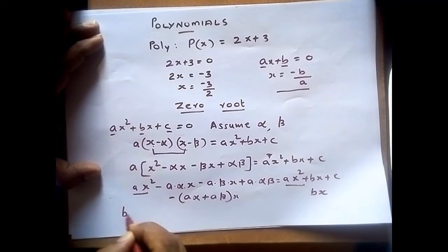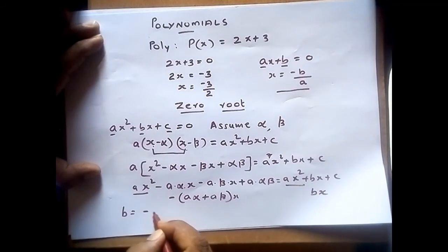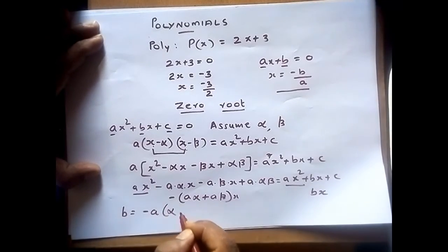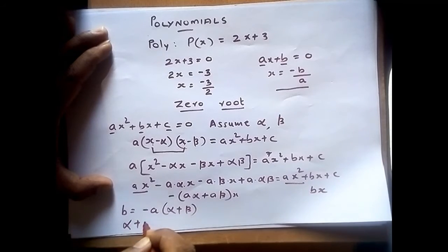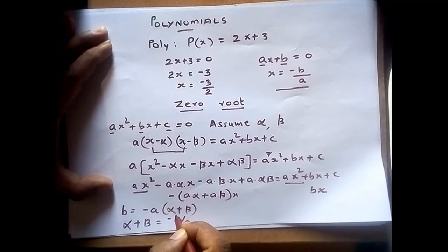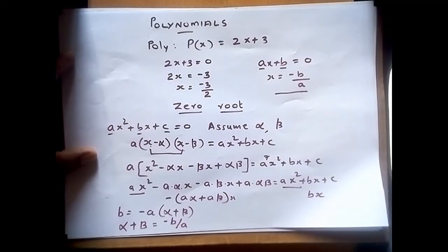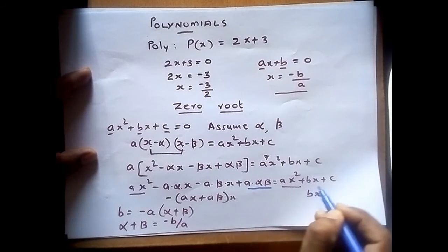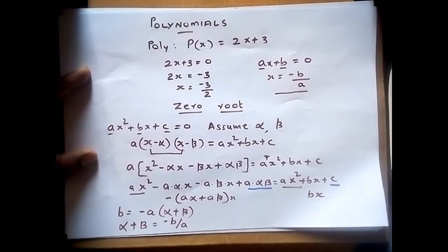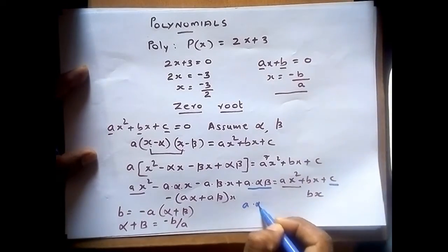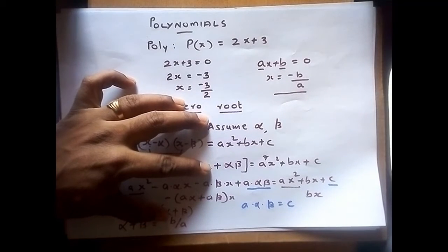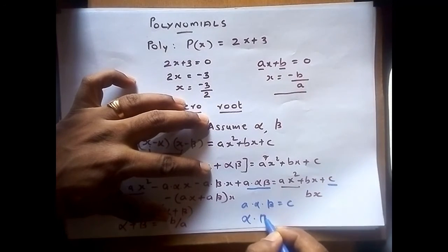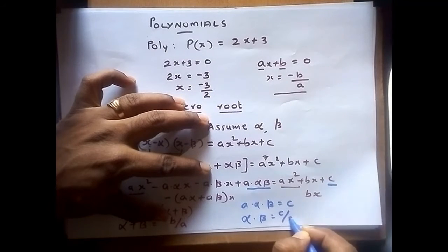So b is equal to minus a into alpha plus beta, or we can say alpha plus beta is equal to minus b upon a. Now we equate the last term. a into alpha into beta is equal to c, or alpha into beta is equal to c upon a.